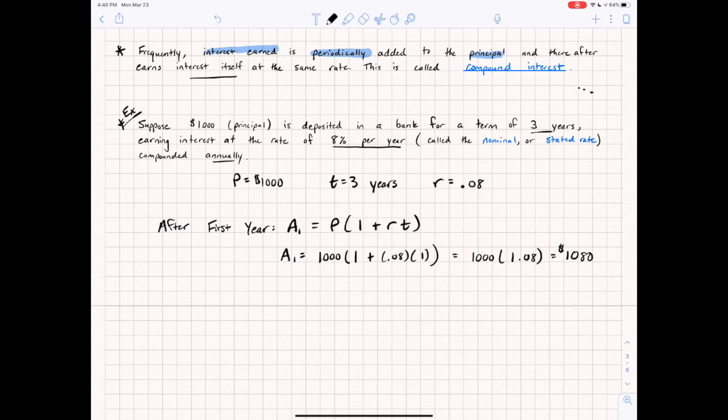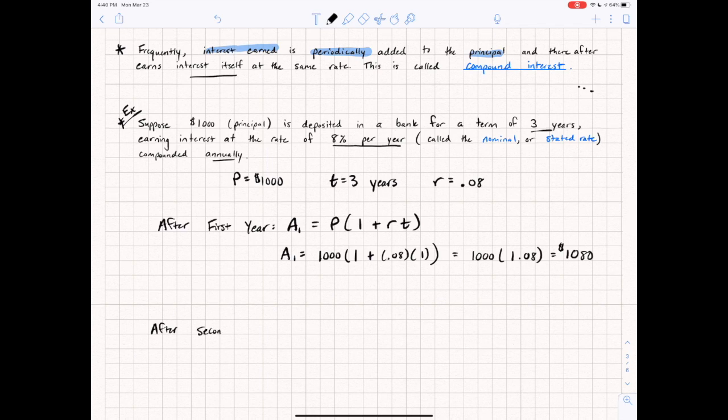Now, after the second year, the accumulated amount is going to be calculated by what we started with at the end of the first year times 1 plus my interest rate, which is 0.08.